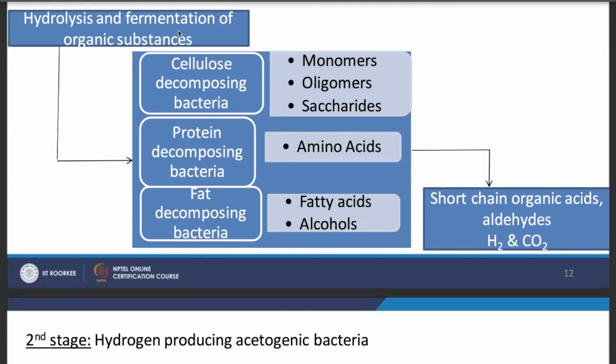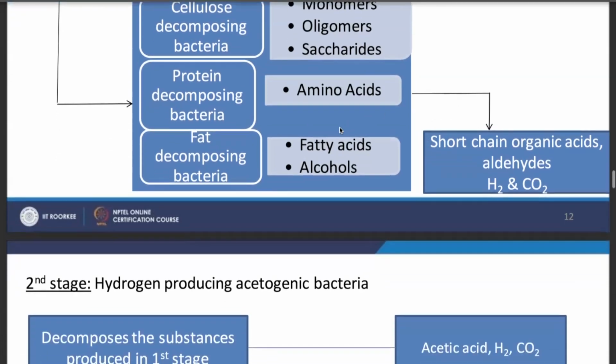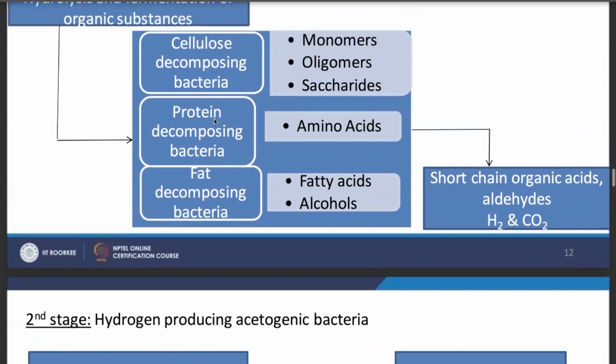So hydrolysis and fermentation basically does what? It breaks down the complex molecules into smaller compounds, the smaller constituents of these complex compounds. Now, all these are short chain organic acids, or aldehydes, or H2 and CO2. Again, this depends completely upon the type of microbe.